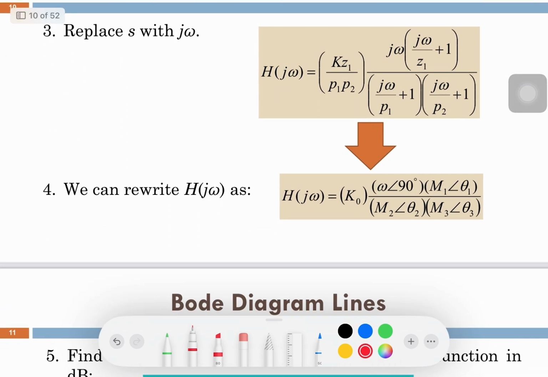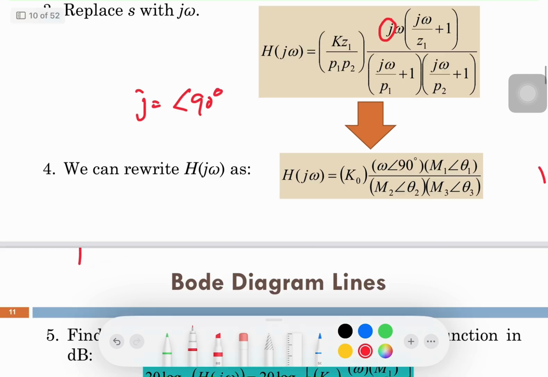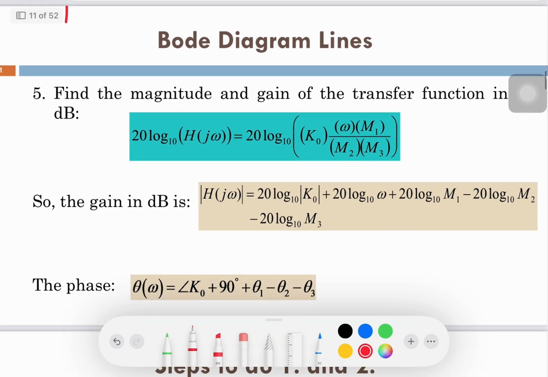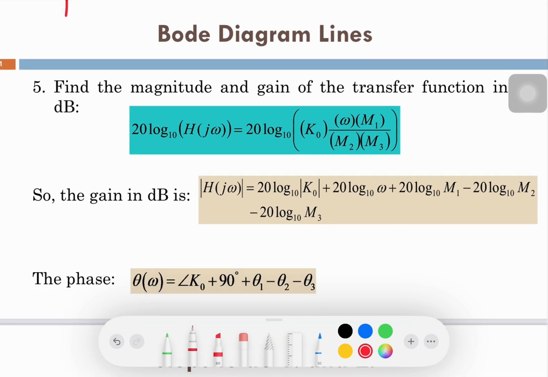Finally, from here we have the j, which is actually a 90-degree phase. This is a zero at the poles. Later we can learn about that. Now, find the magnitude and gain of the transfer function in dB. For example, you can multiply all of the gains and then transform into dB.